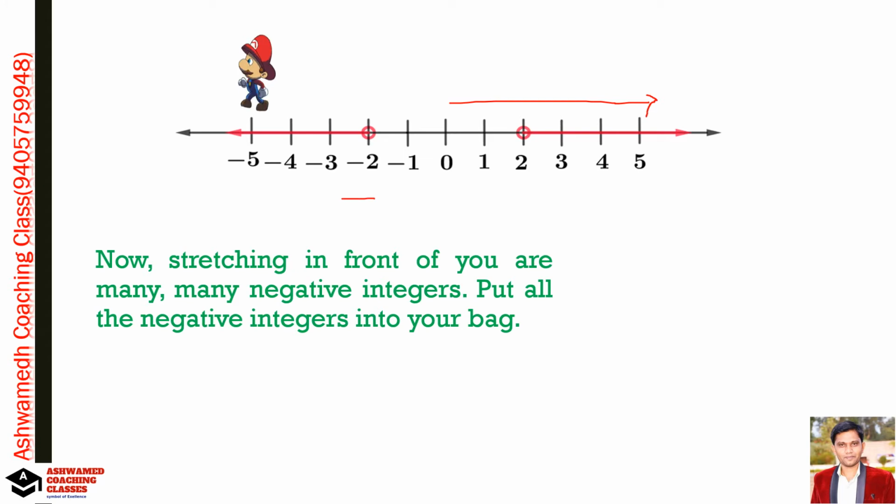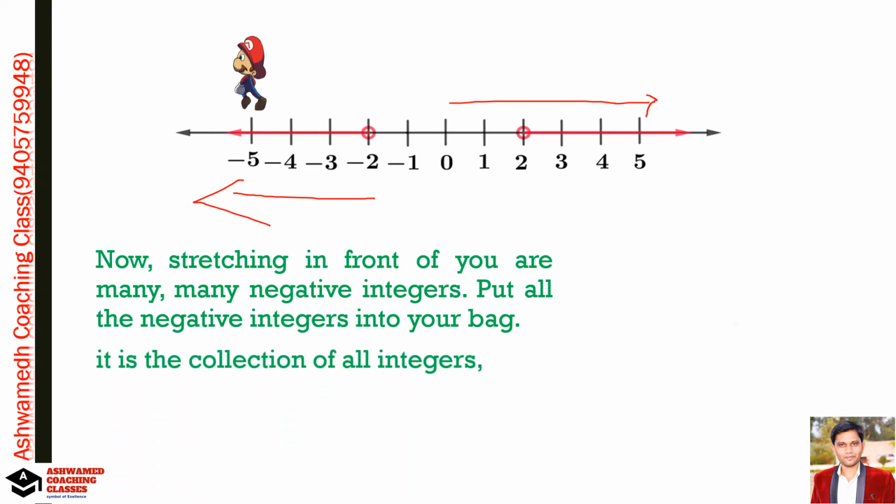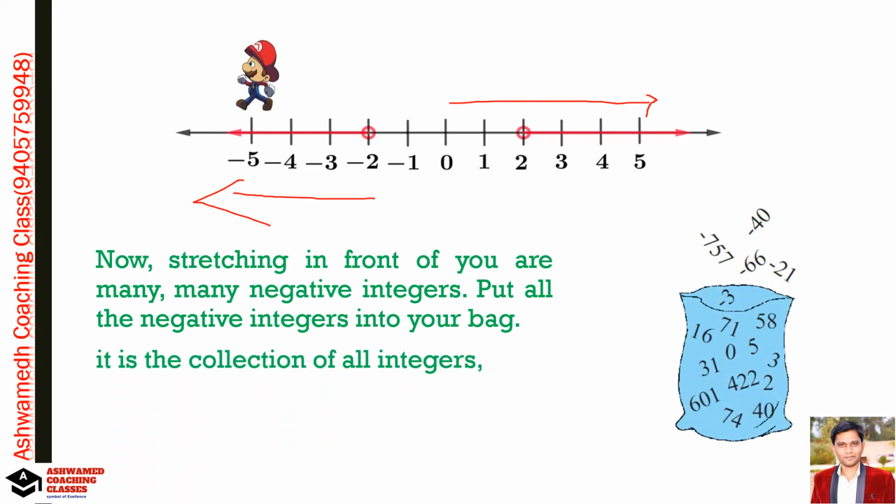If you go alongside in this direction, you can find many negative integers, and put them all into your bag. So if you put all those negative integers in your bag, what do I get here? We get the set of all positive numbers, 0 is there also, and the set of all negative numbers.